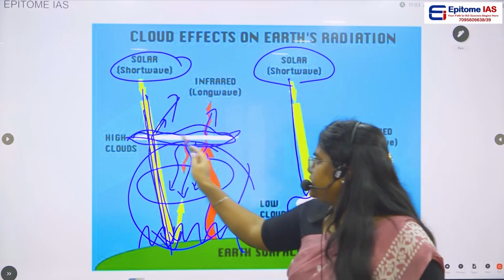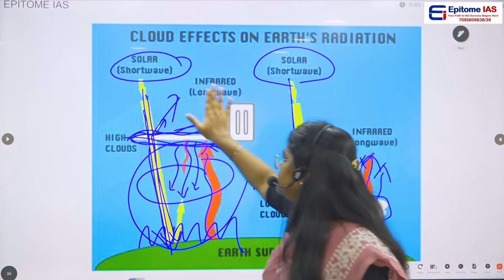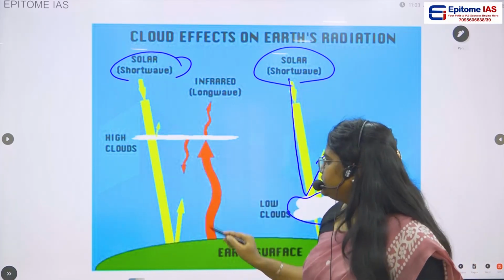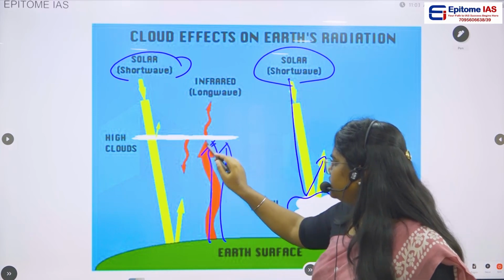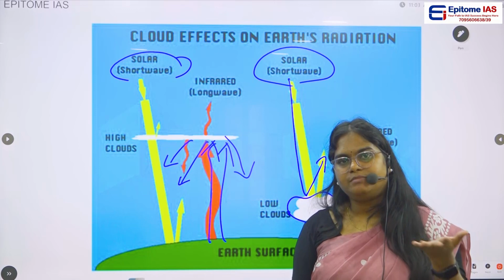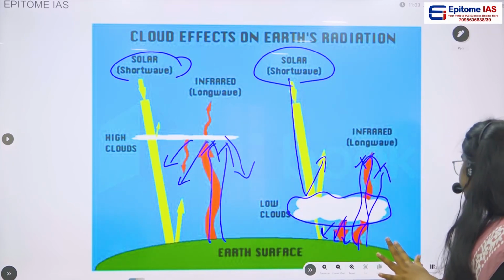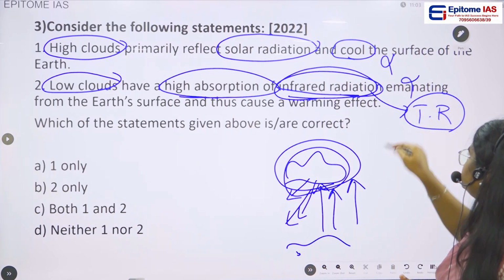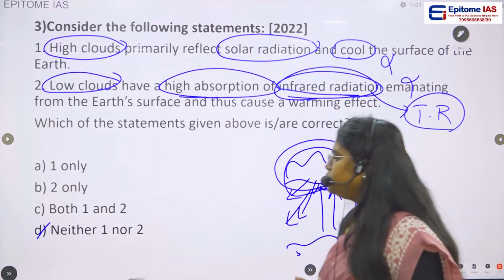This description actually relates to the high clouds. If you see here, the majority of the infrared rays, that is the terrestrial radiation, get absorbed and re-emitted back by the high clouds. So again, this second statement is also wrong. So the answer is D, neither one nor two.